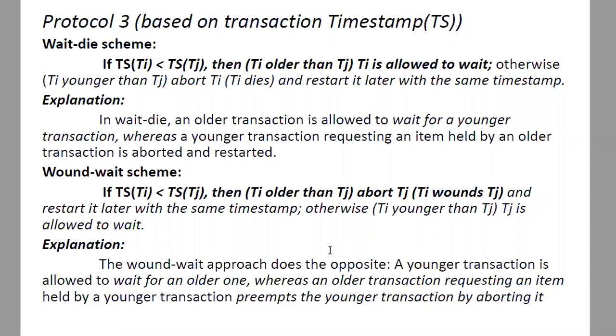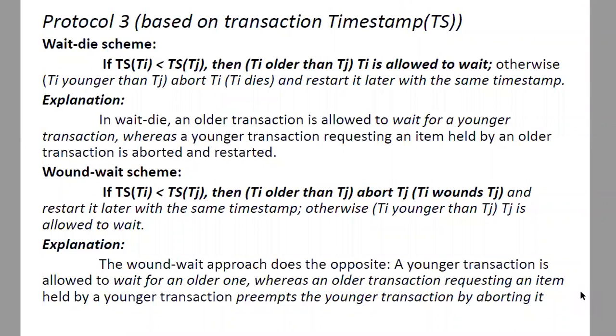An older transaction requesting an item held by a younger transaction preempts the younger transaction by aborting it. Here you make the younger transaction wait for the older one, so it does the opposite.